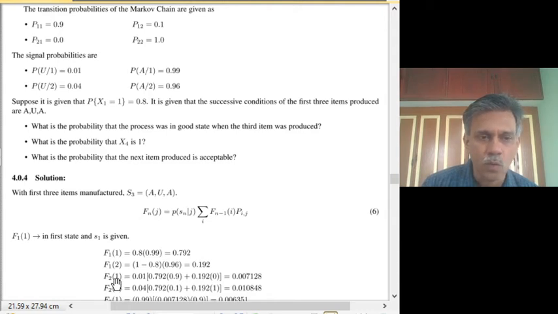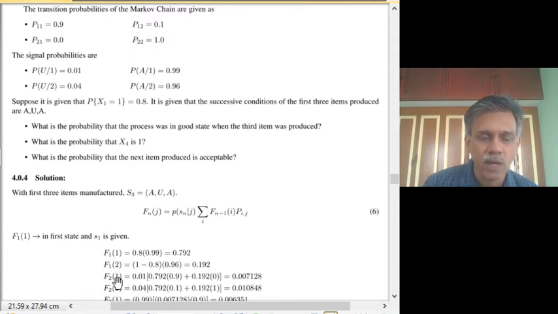So in F21, what is it? You are coming to the state 1. So you can do that by a 1-1 transition or a 2-1 transition. These are the only two ways. And having come to 1, producing an unacceptable item is what we have to find out. That is P of U given 1.